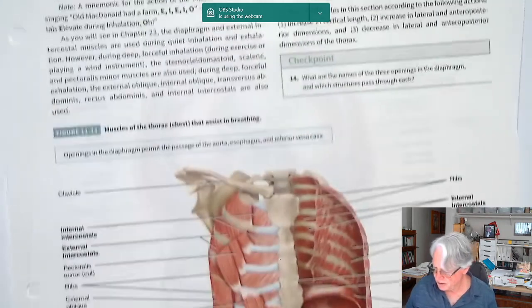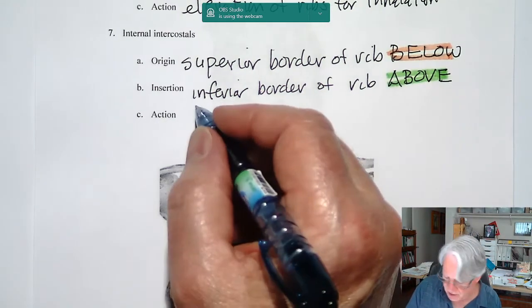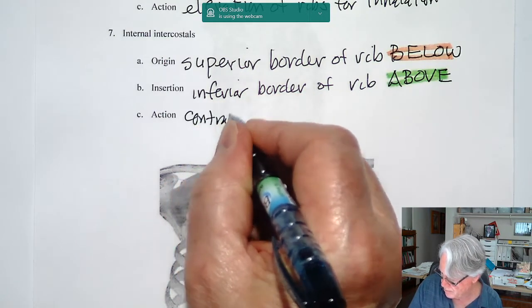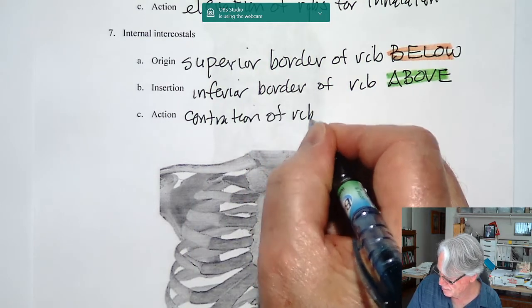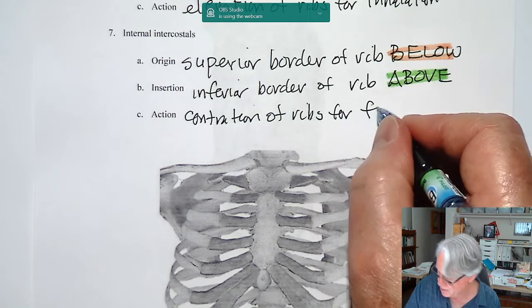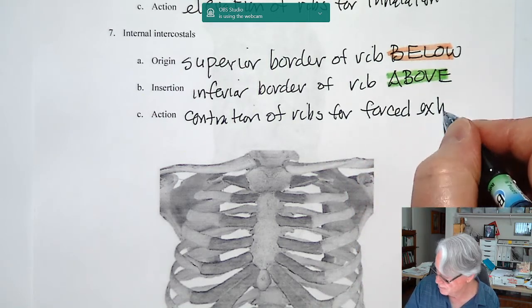Okay. Oops, and I forgot to put down the action. So thank you very much. Internals. The action is going to be contraction of ribs and forced exhalation.